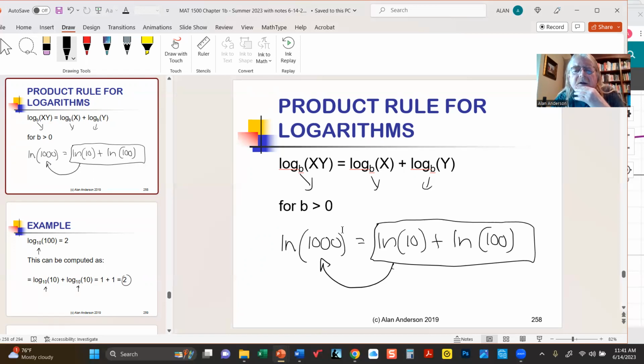So here's an example. The log of 1,000 could be rewritten, if there's a good reason for this, as a log of 10 plus the log of 100, because the product of 10 and 100 is 1,000. Now, if you already had log of 1,000, you probably wouldn't rewrite it like this. More likely, you would have a result on the right, which you would rewrite as the one on the left, because that would be considered simpler. And you know that often in math, we try to simplify our results.